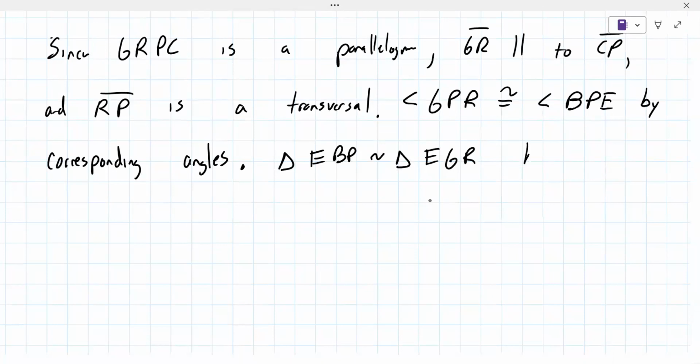So you can say the triangles are similar by the AA similarity postulate, because you've shown the two angles are congruent.